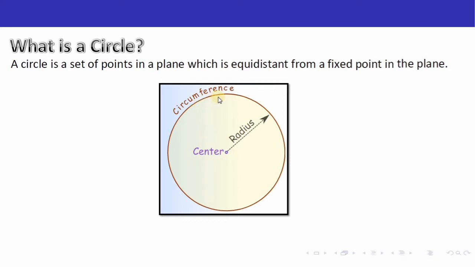So this circumference contains numerous points which are equidistant from this particular point, that is the center. When I join those points, then I'll get a circle. So that's why a circle is a set of points in a plane which is equidistant from a fixed point in the plane. All right, so this is your definition of circle.